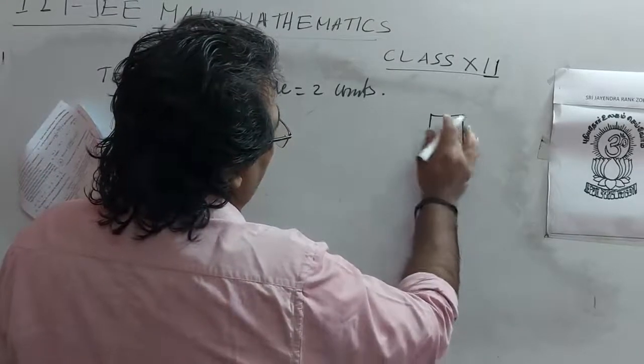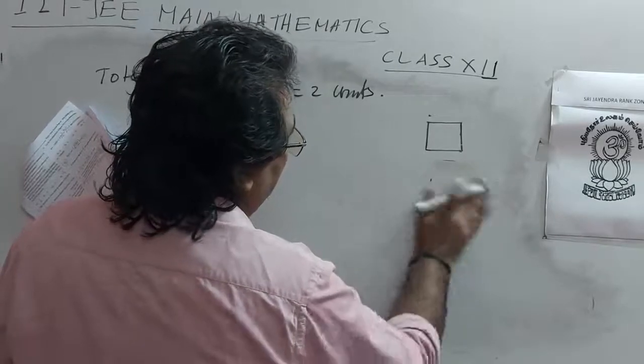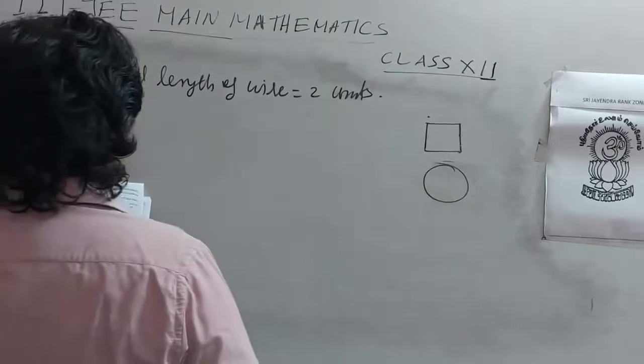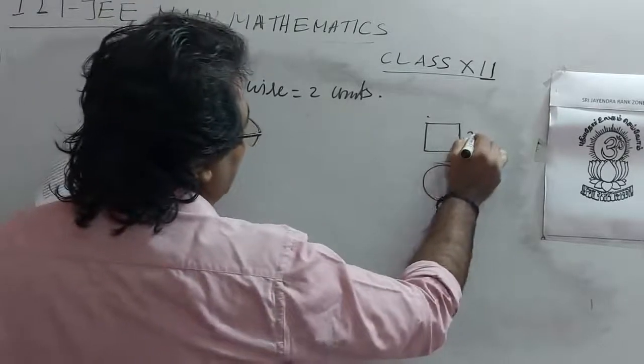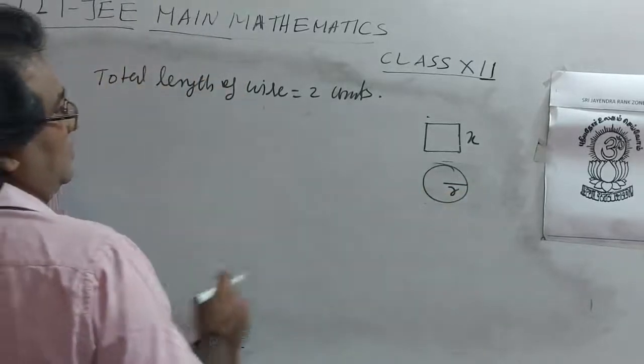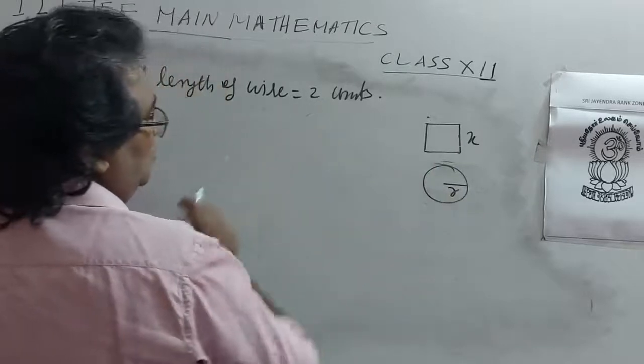One is to make a square, another is a circle. Its side is x, radius is r. So the perimeter of these two should be equal to 2.